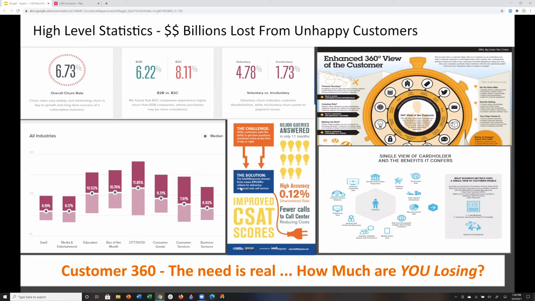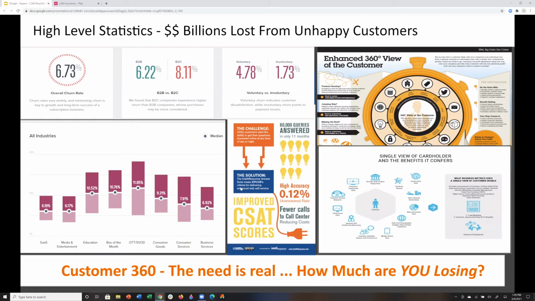And what that means also is that we're seeing tremendous upheaval, especially in the age of COVID, where the risk of losing a customer for life is so great because of things that are under our control but are not managed well. And so we can drive better customer satisfaction, and we can have a single view of cardholders and customers and members in ways that we have not been able to do before. Summary is, there's billions at risk and there's billions to be won. And the companies who do this well are going to be the ones who come out on top after we come out of all this.